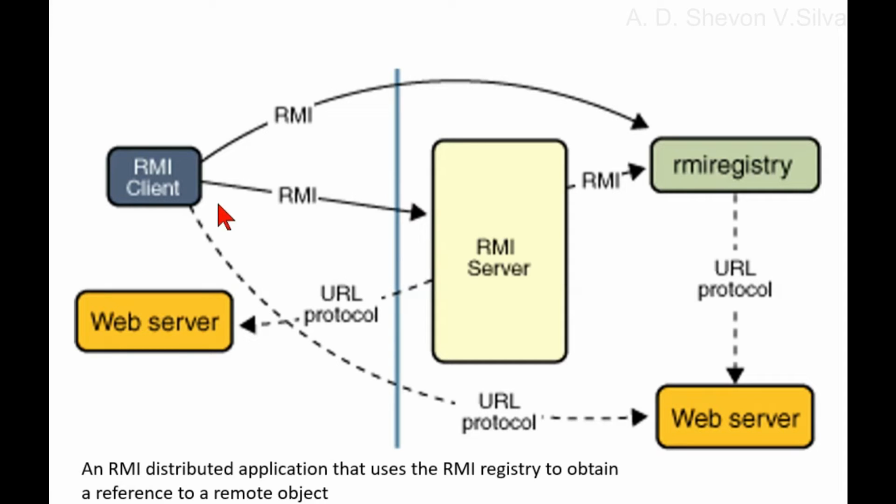RMI provides a mechanism by which the server and the client communicate and pass information back and forth. Such an application is sometimes referred to as a distributed object application.